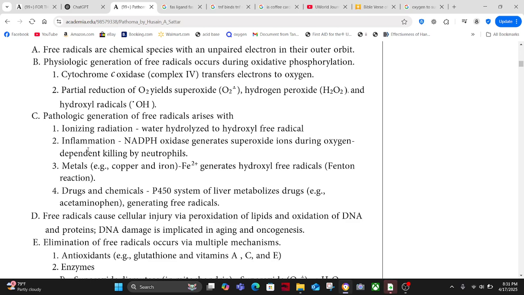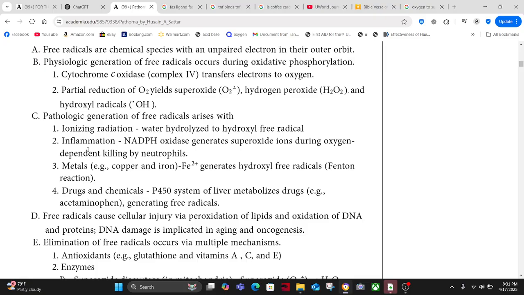Increased dose of acetaminophen causes massive liver necrosis due to hepatocytes generating free radicals. Free radicals cause cellular injury by peroxidation of lipids and oxidation of DNA and proteins.